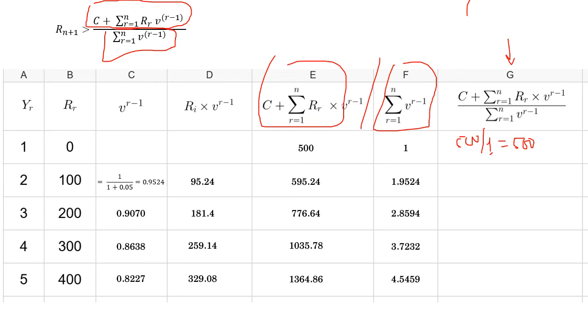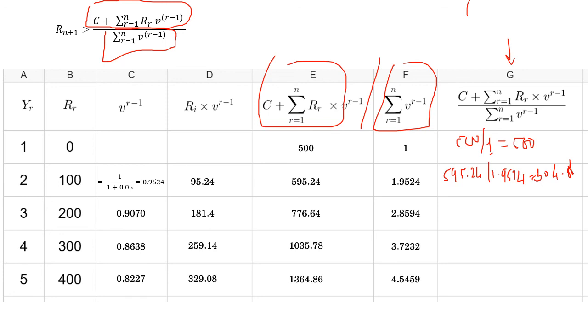For r equals 2, this is 595.24 divided by 1.9524, which comes out to be 304.88. But before going ahead, we must check the condition.